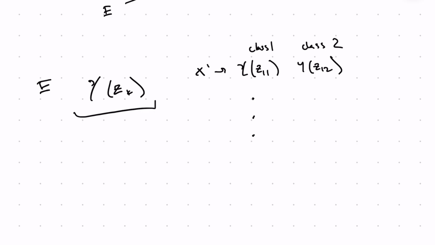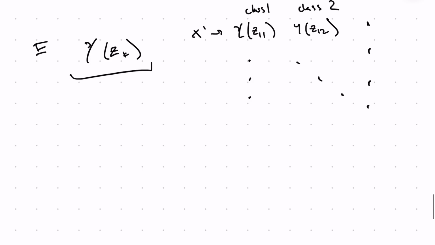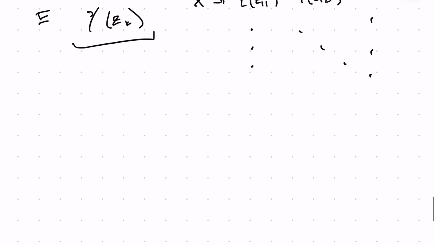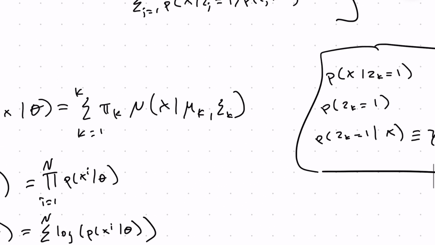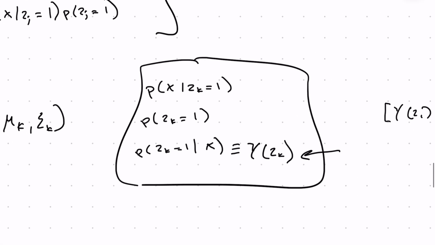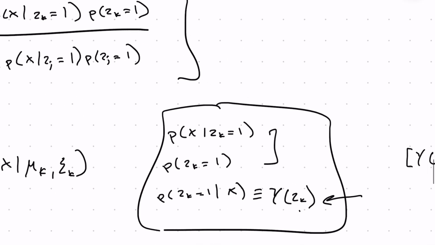And it becomes like this whole matrix of these outputs. But this is very important. This is basically how you do your predictions. So you calculate all these in the E step using the equations that we just defined, right? We're using these. So this uses these two in Bayes' rule.